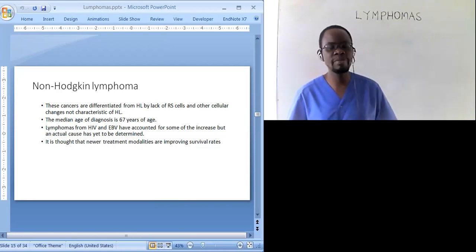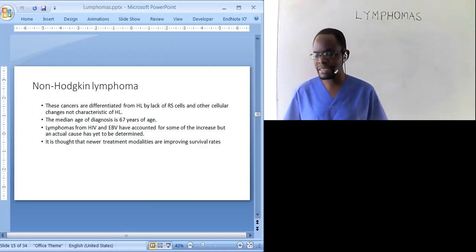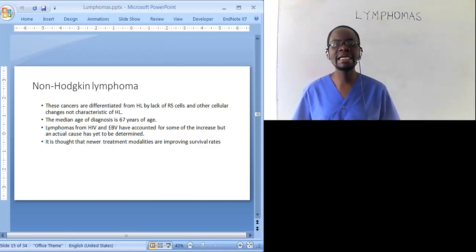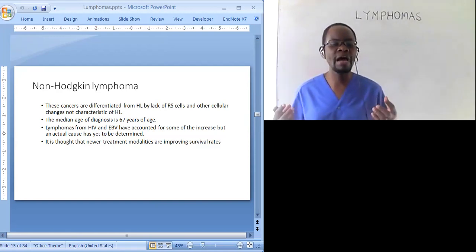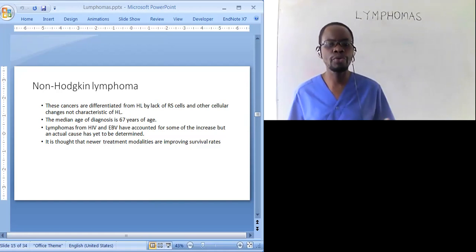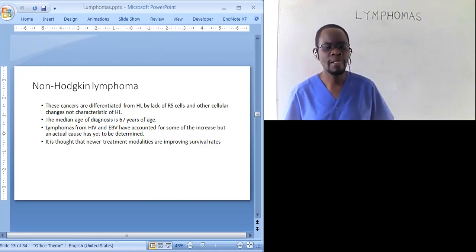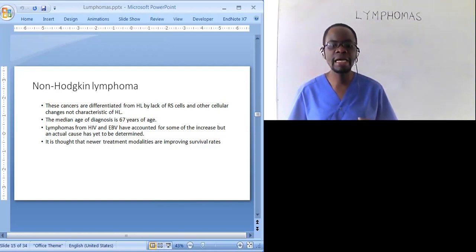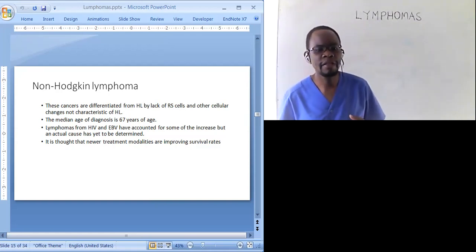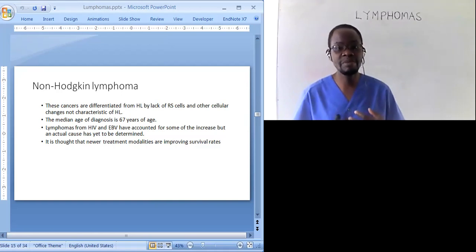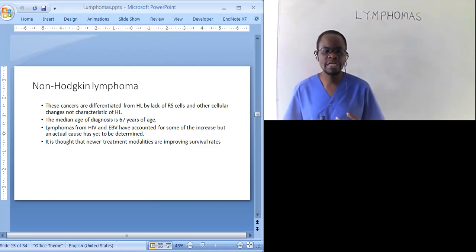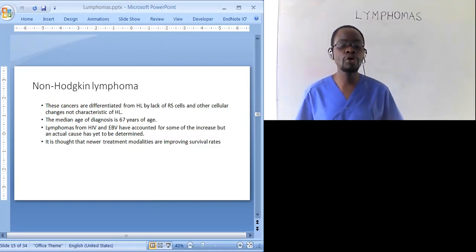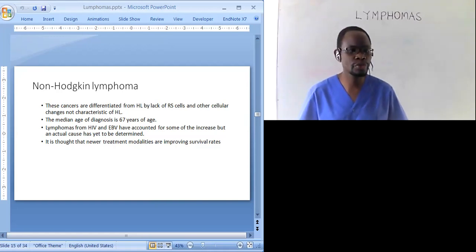And you remember what we said about these lymphomas? They arise from the extranodal tissues, like the spleen and the tonsils.